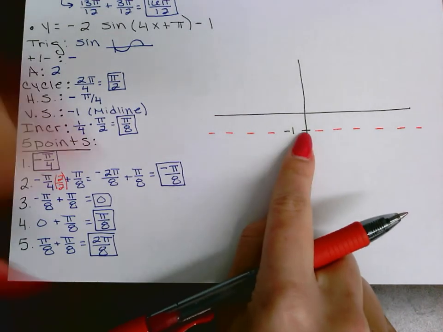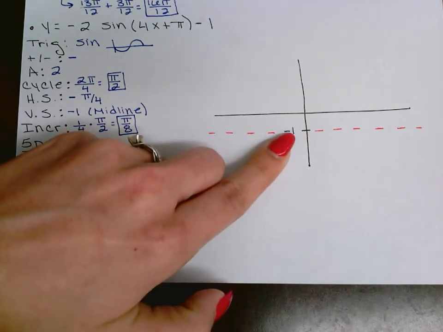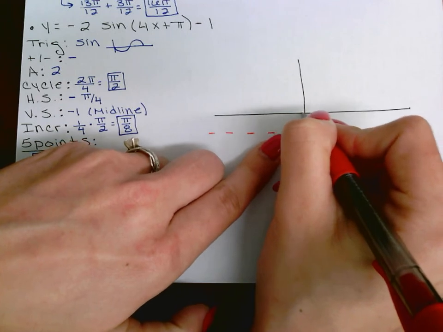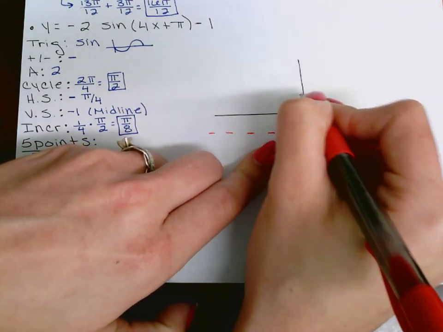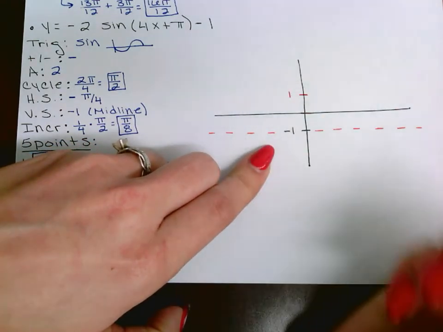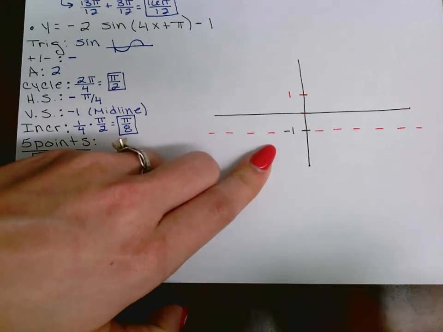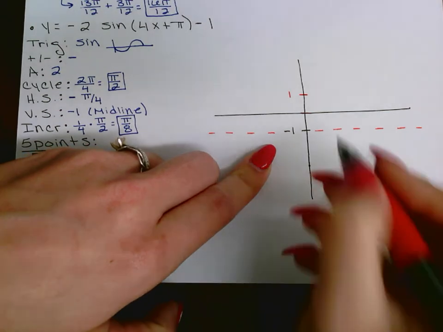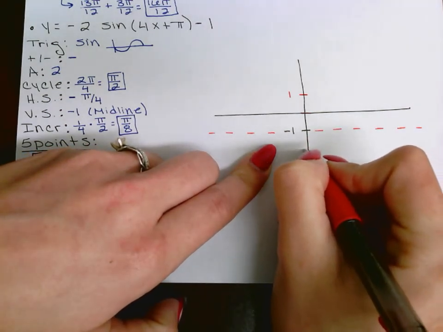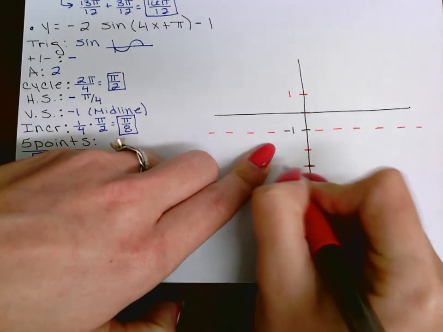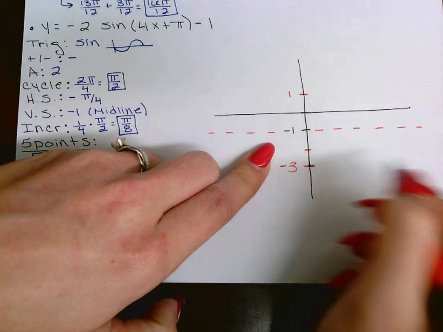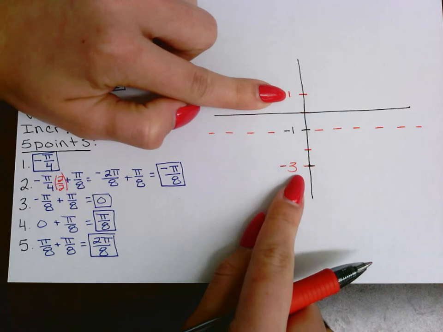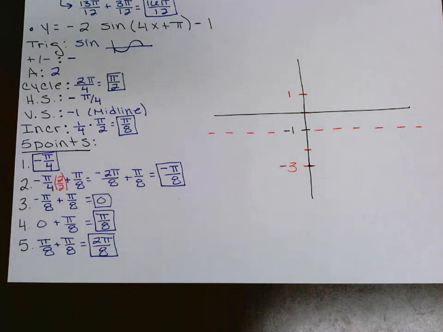It means from my midline, I'm going to go up 2. So if I go up 2, I go up to 0 and then up to positive 1. Does that make sense? And let me draw this a little longer. And then if I go down 2, I go down to negative 2 and then down to negative 3. So the highest this graph will go is 1, and the lowest this graph will go is to negative 3.